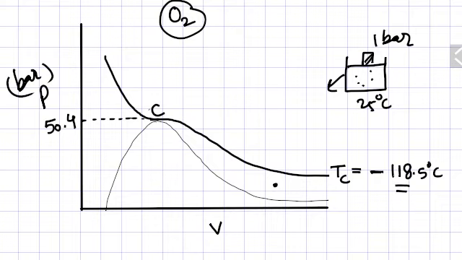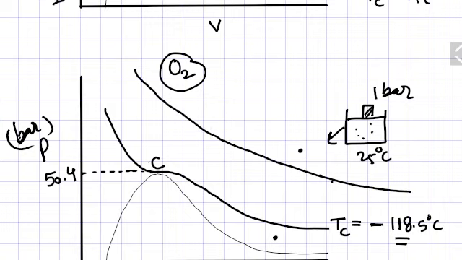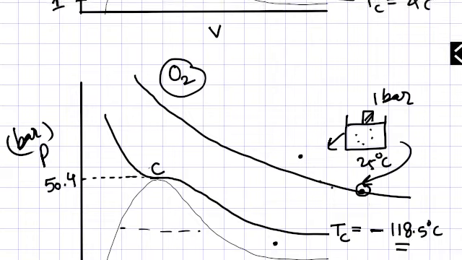So your temperature of 25 degrees centigrade is somewhere here or here, for example. Above the critical isotherm, the isotherms are not flat, and all of this is gas. So I am showing your state here.